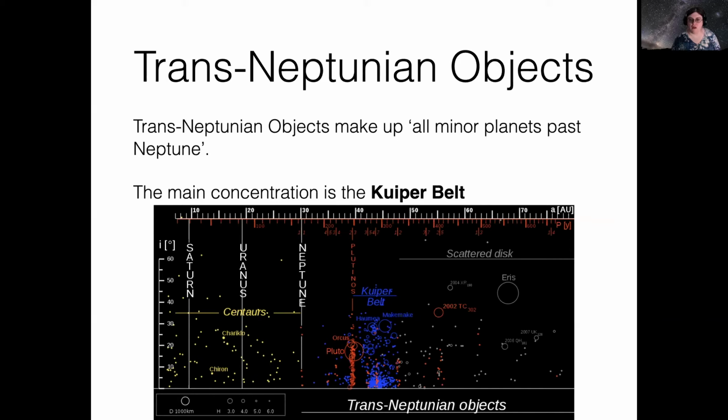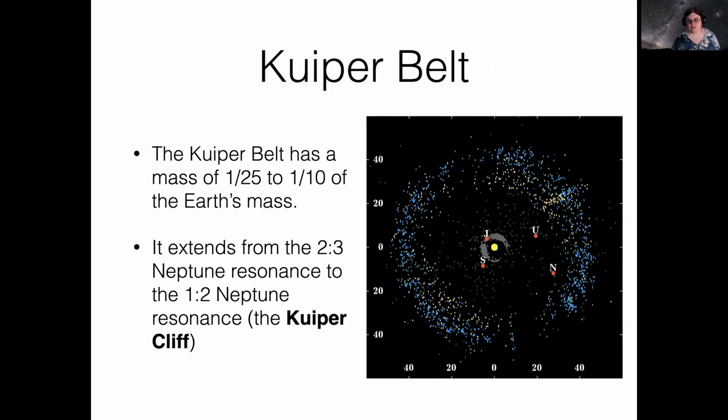And it goes out to the 1 to 2 resonance, the Kuiper cliff. And why there's a cliff there, we understand why there's a gap there. Just like in the main belt, we would expect a gap there. But we don't know why the Kuiper belt doesn't pick up after that. It is an unsolved problem in astronomy.